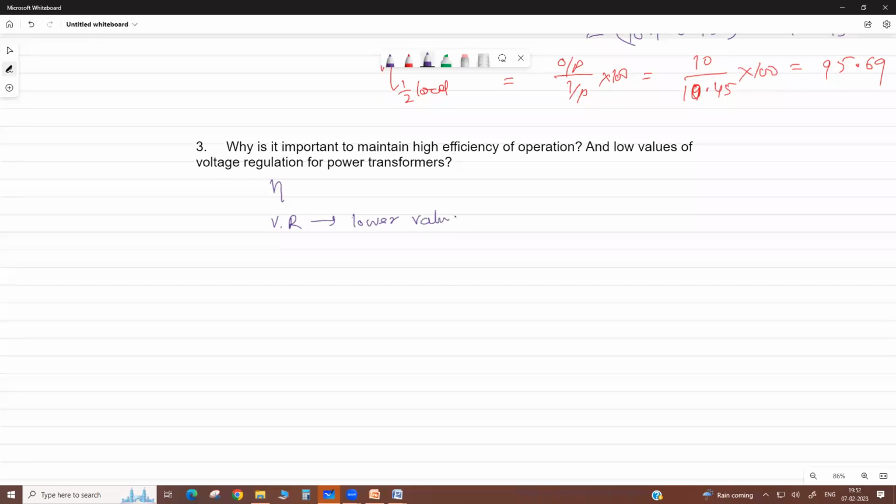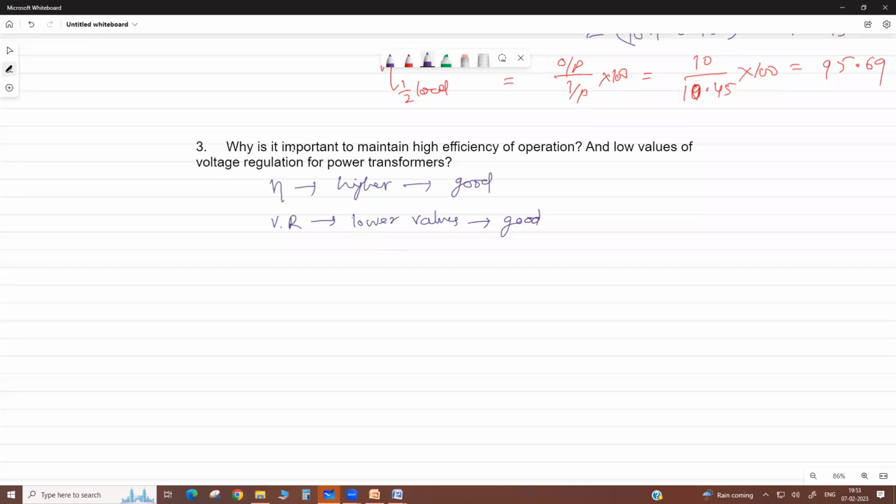Low values are recommended; lower values are called good regulation. Here, higher values are considered better. The higher the efficiency, the better the performance. It is excellent, meaning good.